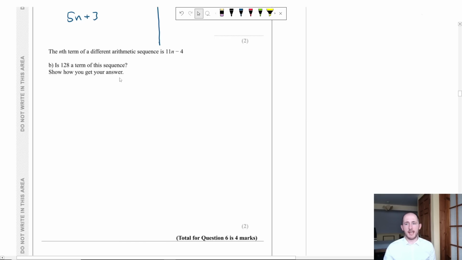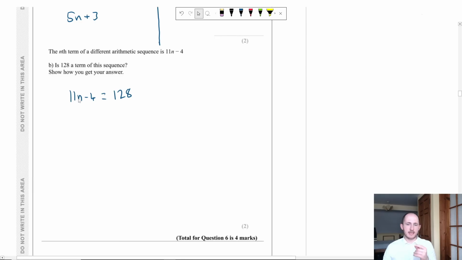So the methodology here is, all you do is you write the nth term and you equate it to the number that they're talking about here. Okay. Now, all we're doing is solving for n. If n is a whole number, an integer, right, that's positive as well, so it can't be negative 2 or something, then it is a term in the sequence.